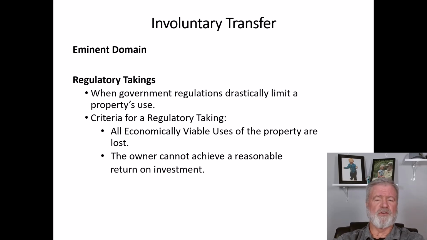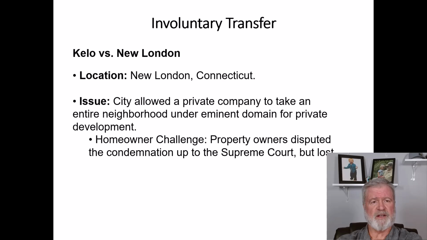But what we're starting to see, y'all, the definition of public use seems to be getting awfully broad, as you're going to see here in just a second. In fact, there was a lawsuit under this, Kelo versus New London. Y'all, this took place up in Connecticut. And here's the issue. The city allowed a private company to take over an entire neighborhood under eminent domain for private development.